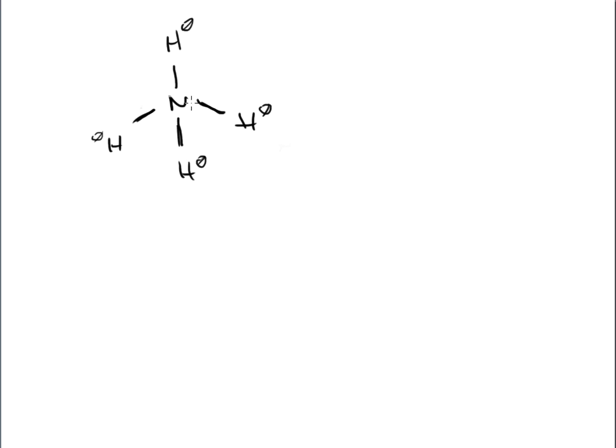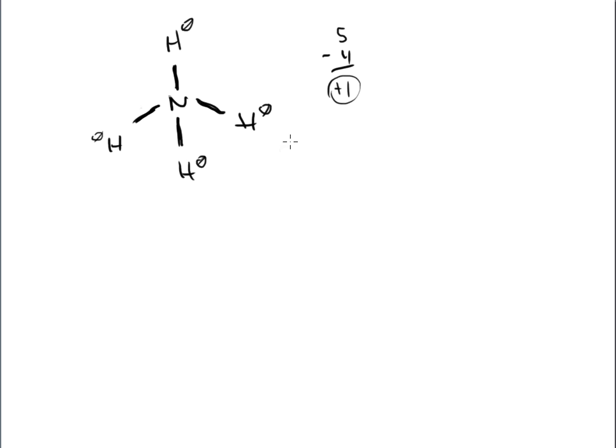The nitrogen in the center, it normally has 5, and then we subtract 1 for every bond and 1 for every dot. So there's 1 bond, 2 bonds, 3 bonds, 4 bonds. So 5 minus 4 is actually a positive 1.